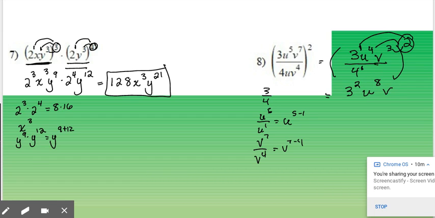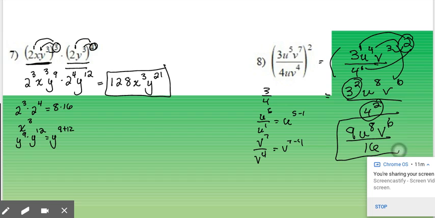For the v, 3 times 2 is 6. And I cannot forget that 4 on the bottom. 1 times 2 is 2. And then let's go ahead and take care of 3 squared and 4 squared. 3 squared is 9. 4 squared is 16. And I have my answer.